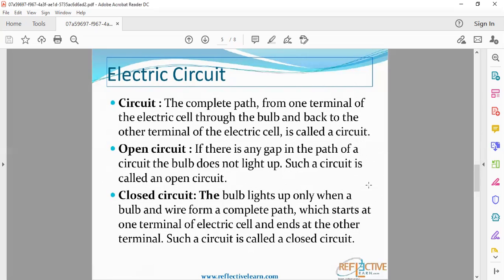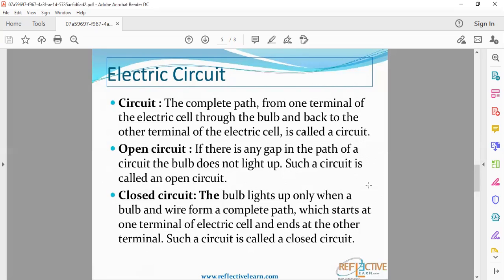Next comes the closed circuit. In a closed circuit, the bulb glows only when the bulb and wire form a complete path. As we have discussed, it starts at one terminal of the electric cell and ends at the other terminal. Such a circuit is known as a closed circuit.